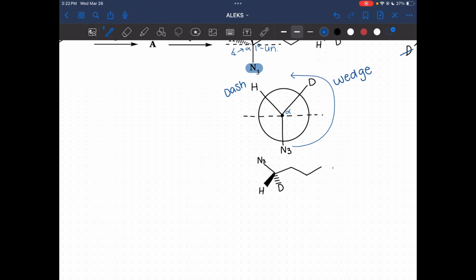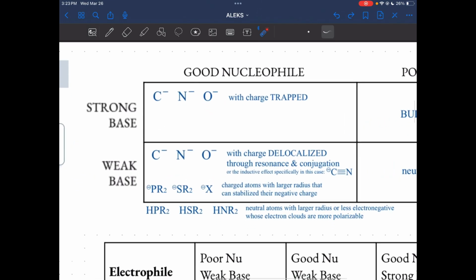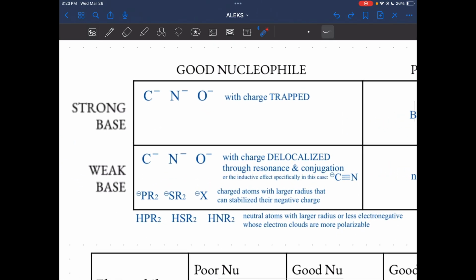That is our molecule that looks like this. It looks like there's a lot going on there, but this is one of our nucleophiles with resonance. This would end up being considered a good nucleophile, weak base, just because of that resonance.